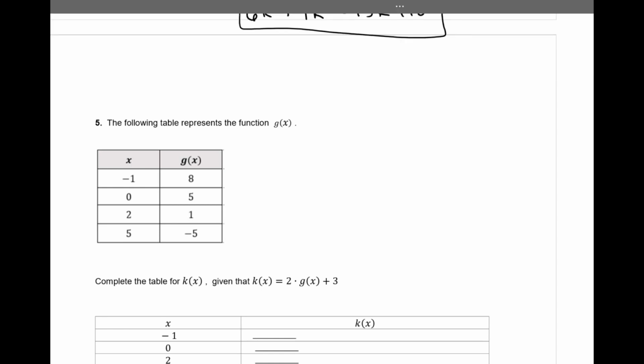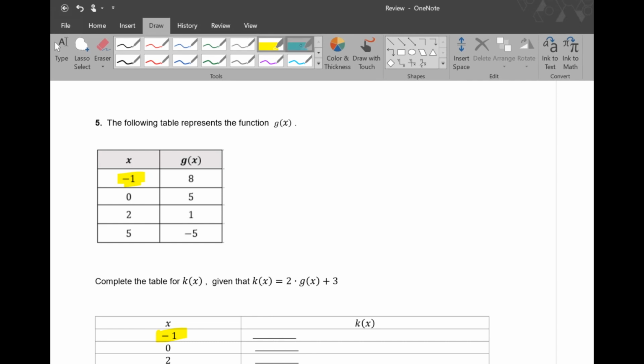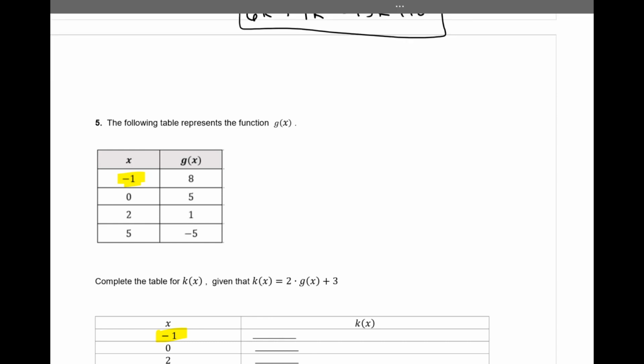Okay. Notice how the -1 for the x is the first one. So look back at the other chart and see if there's a -1. Well, yeah, there is. -1 right here. So all I'm going to do is take the answer for -1, which is 8, and replace that here.